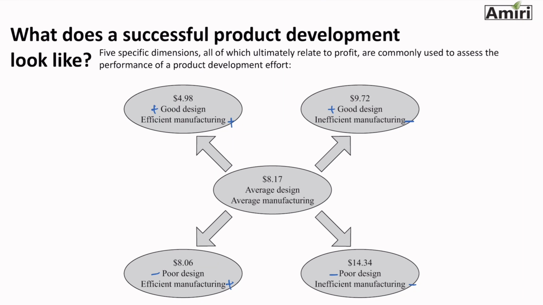And you can see that affects the final cost that the product will get out of the company. Obviously efficient manufacturing in both cases has a lower price compared to the other side, but a good design and efficient manufacturing not only result in a cheaper production and product cost, but also higher customer satisfaction.